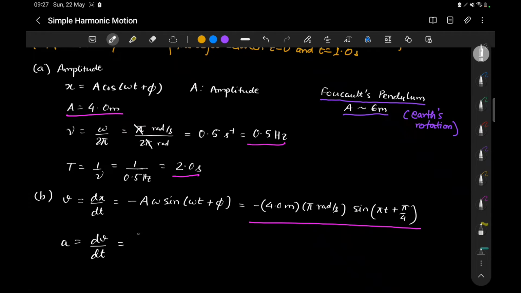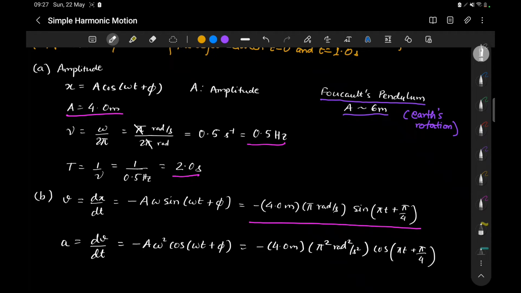Again, if we use this general expression and then plug in the values given for our question, we get the following. So part B is done.